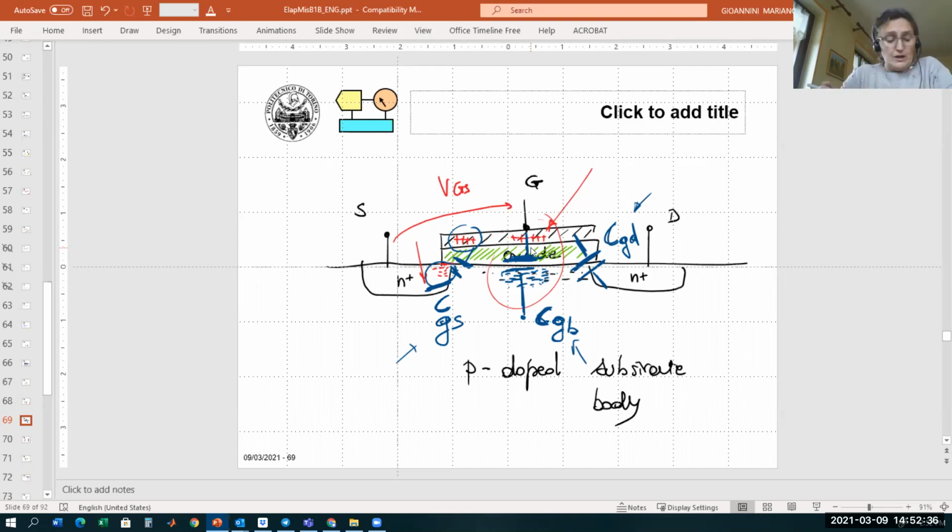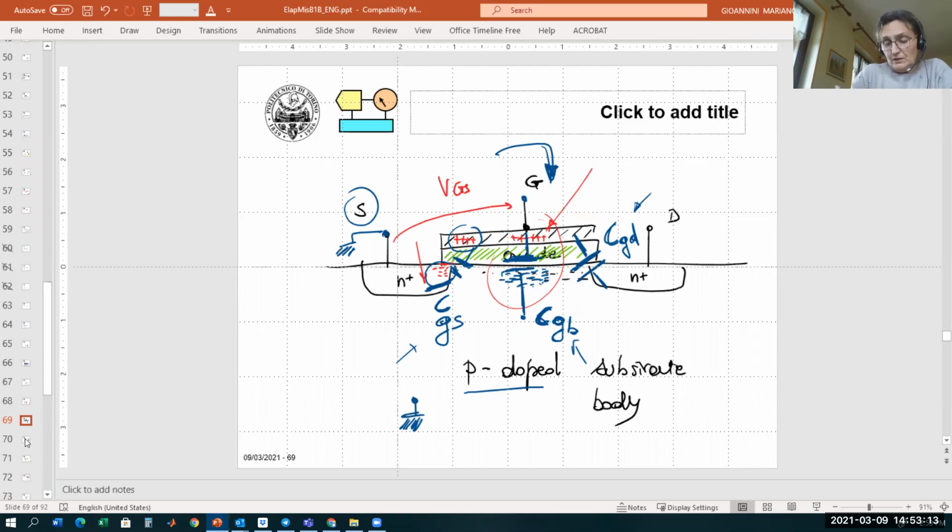So, in conclusion now, we ask, what do we see if now we look inside the gate in this direction? We know that, for example, we set to ground the substrate, and the source is at the same potential of the substrate, so source and P substrate are at the same potential.